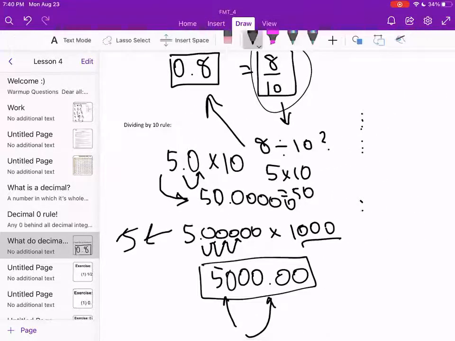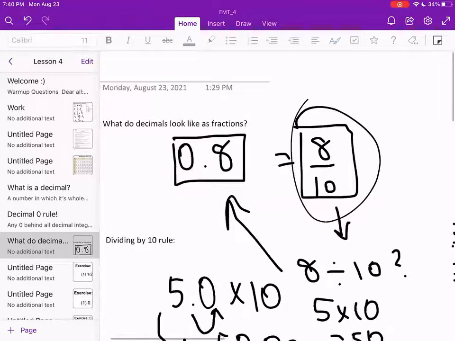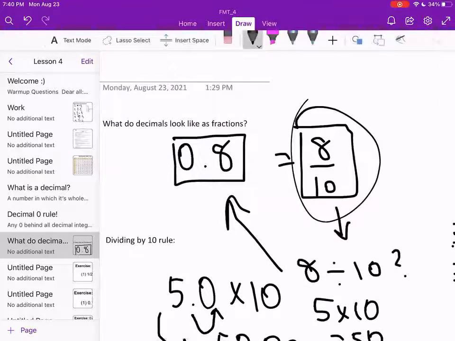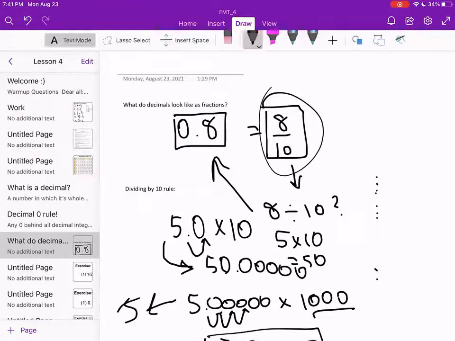So if you understand that, then we can understand decimals, right? Because decimals operate in the style of tenths or hundredths for that matter. So there are different place values in a decimal. So let me give you a fake number here. 1.2423456.